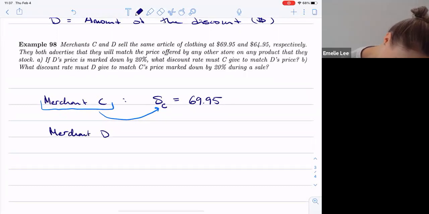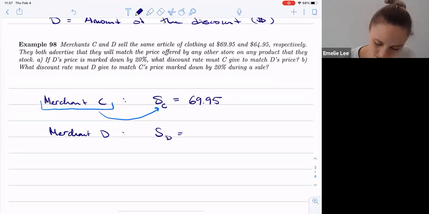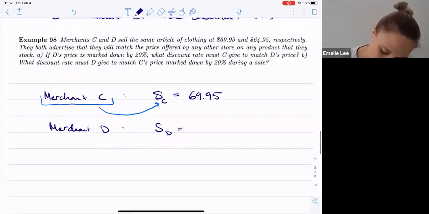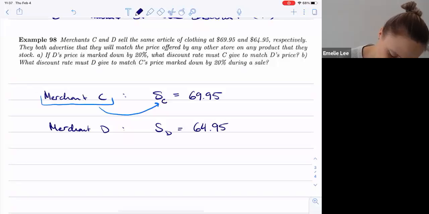Using the same setup here, merchant D, I'm going to denote by SD. I'd be in trouble if there was a merchant R, but I'd use a capital R instead of a lowercase r. Just remember that they're different. SD has a selling price of $64.95.